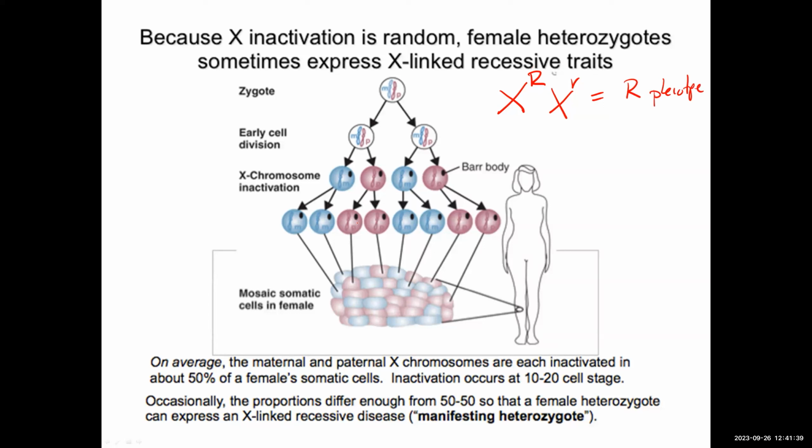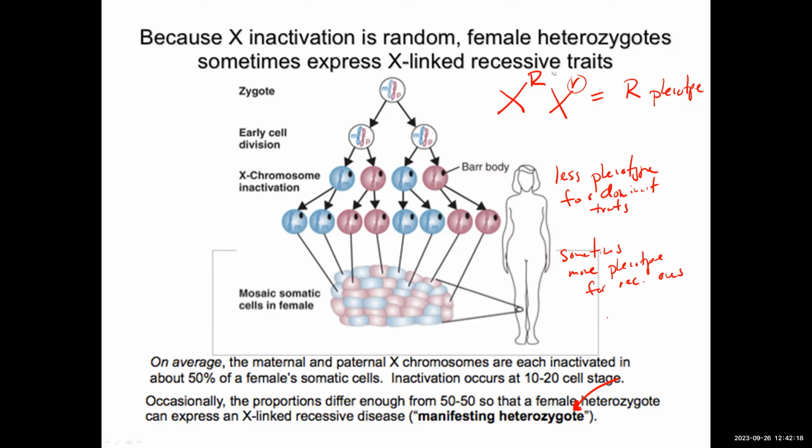However, because some of the cells are going to express this recessive one, we'll sometimes see carrier females for X-linked traits having the phenotype if they happen to get unlucky with where X inactivation happens. Right? So not only do they have less of a phenotype for dominant traits, sometimes they'll have more phenotype for recessive ones.